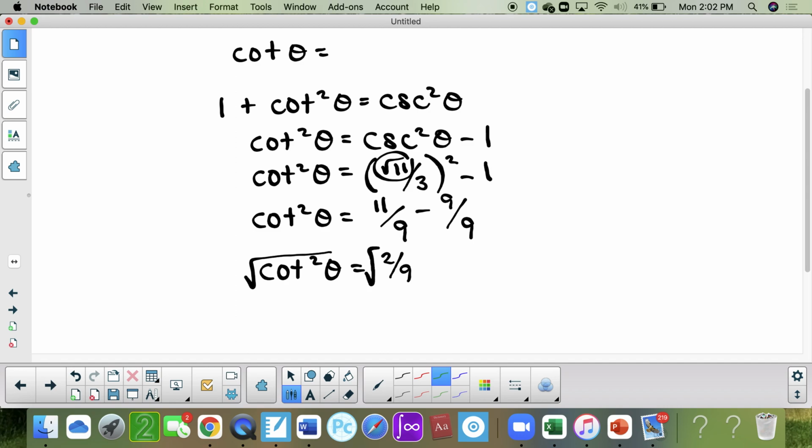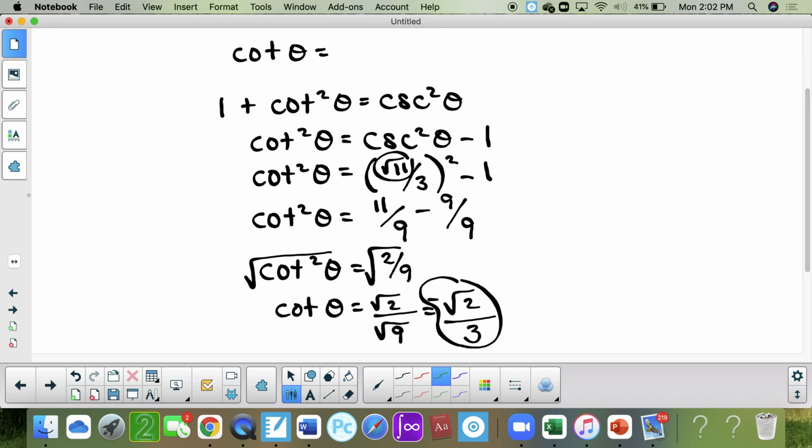Square root, you're going to get cotangent of theta is equal to the square root of 2 over the square root of 9. I can break that up. The square root of 9 is 3. And cotangent is negative in the second quadrant. So the answer is negative root 2 over 3.